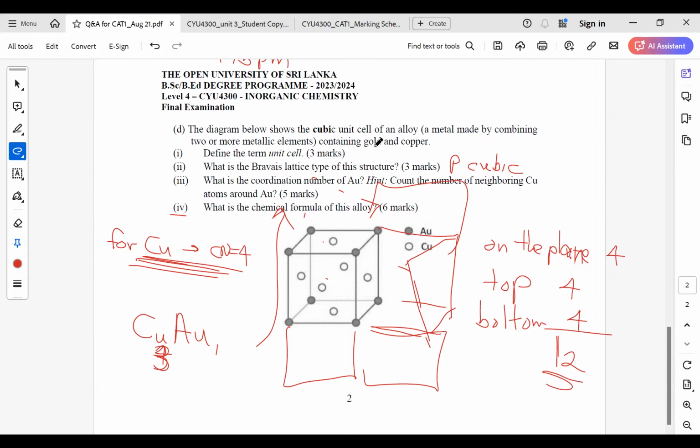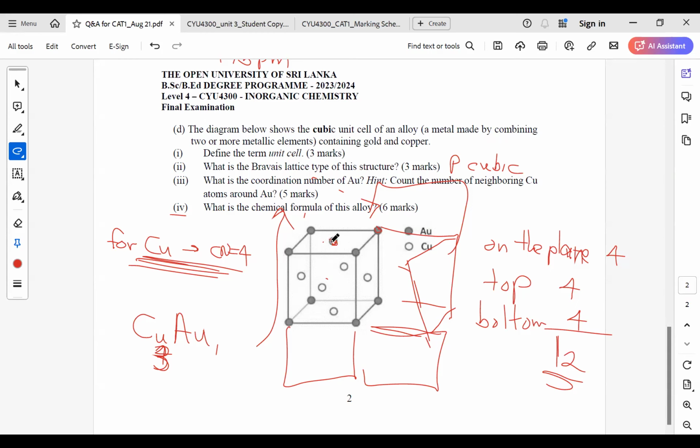Ma'am, there are Au atoms on the face centers, so it is considered a face centered cube. If there are Au atoms on these faces, then yes, of course we have to consider them, because in this unit cell the corners are Au atoms. That means the lattice points you define for this structure coincide with Au atoms.